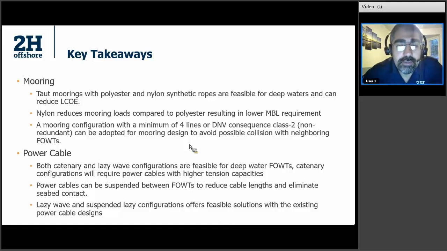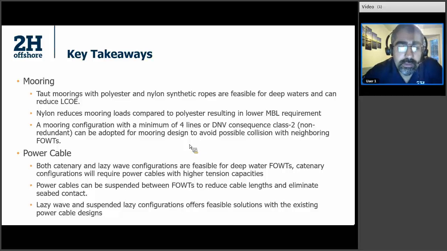A mooring configuration with a minimum of 4 lines may be needed. Instead of 3 lines, you might have to have 4 lines for a deep water floating foundation because of the risk of collision. Or alternatively, when using a 3 mooring line system, we have to use a higher consequence class and higher safety factors.